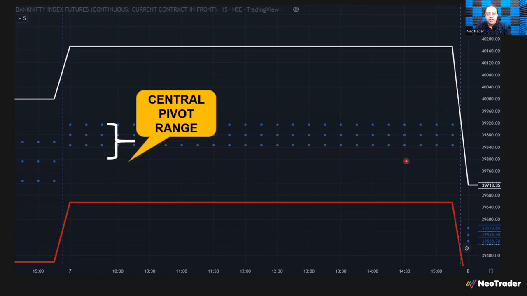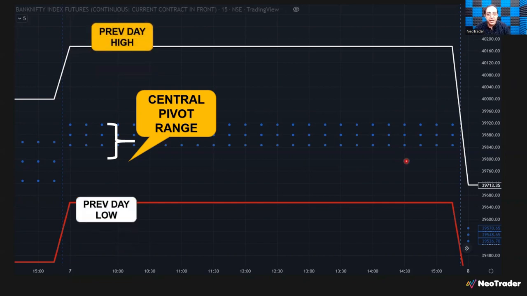A previous day's high and a previous day's low give you significant indication of when a trend is going to emerge, right? If price opens above the CPR, the intention is positive. But then if it begins to move above the previous day's high, the trend begins to emerge, right? That's what we are interested in. And it's a very good trigger point for us to take action.